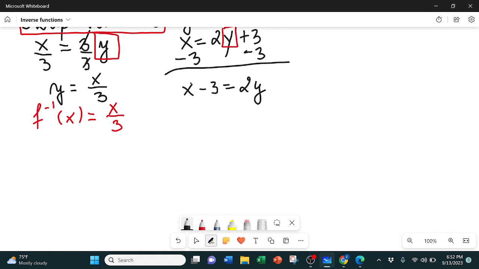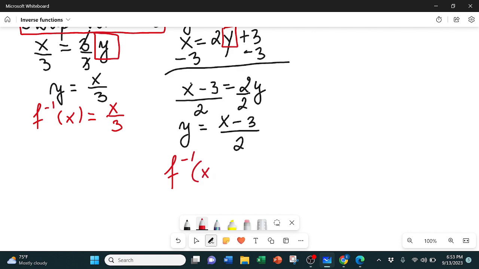As I said, we're going to solve it for y. So now we're going to divide by 2 both sides of the equations, and y equals x minus 3 divided by 2. Or we can rewrite f minus 1 of x, so the inverse function is x minus 3 divided by 2.